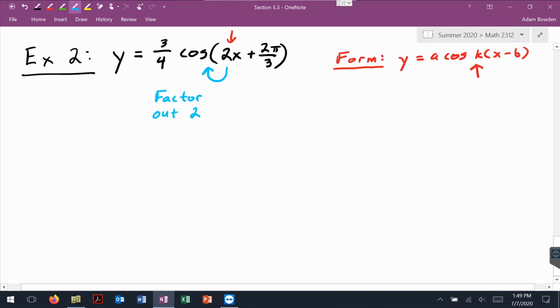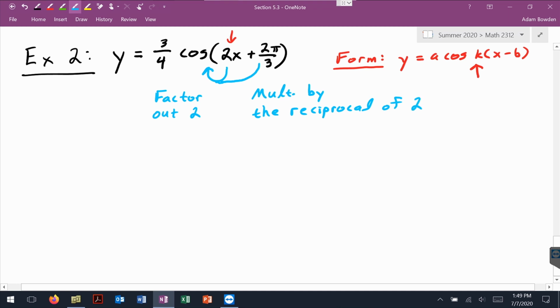Now when I factor out the 2, it's going to affect everything inside the parentheses. In order to know what happens to the 2 pi over 3, I'm going to multiply by the reciprocal of 2.